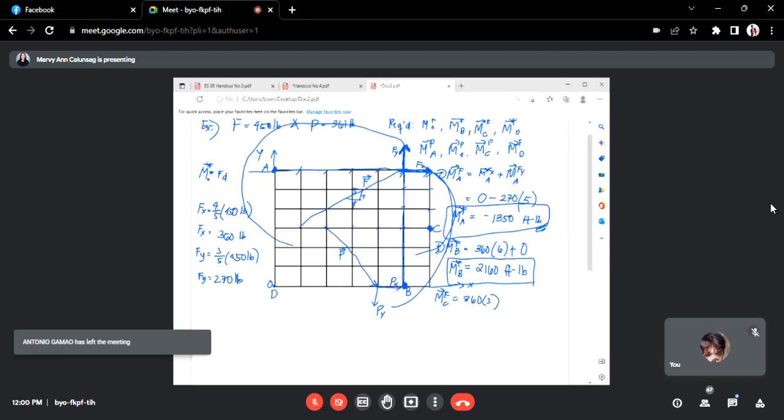And then how about your Fy? What is the rotation of Fy about point C, class? Is it clockwise or counterclockwise? Clockwise. Yes.